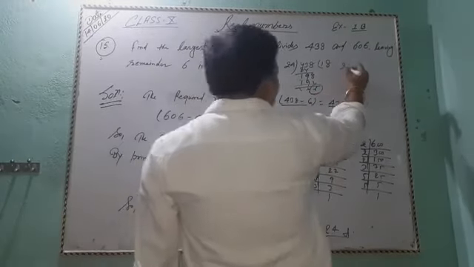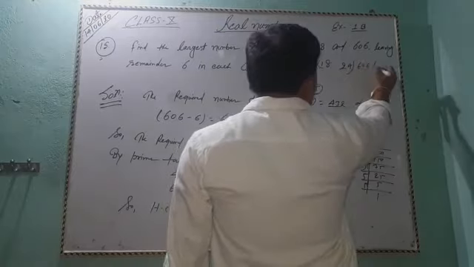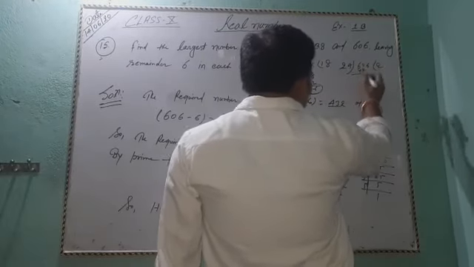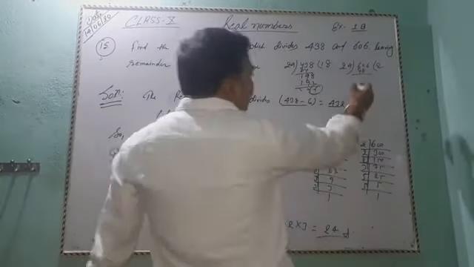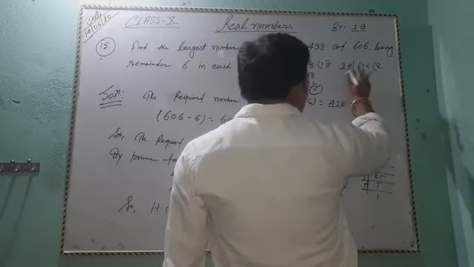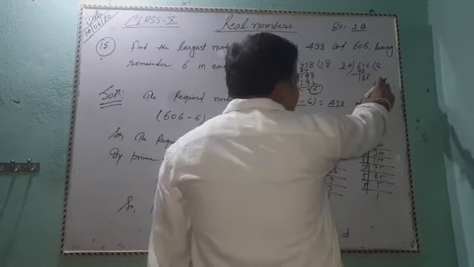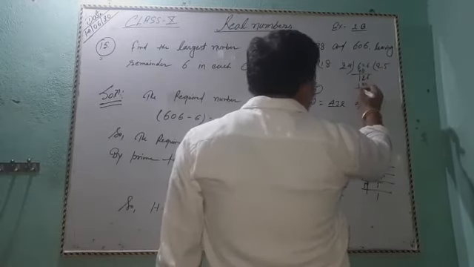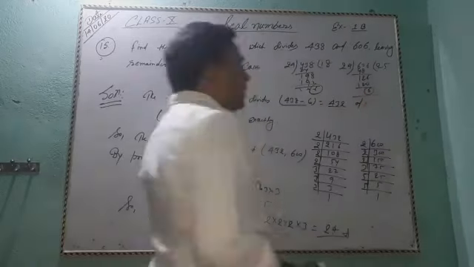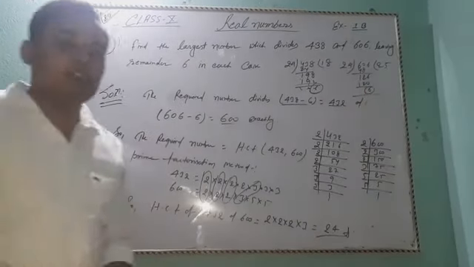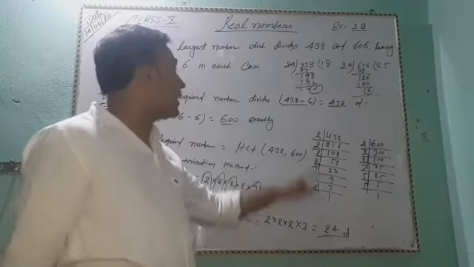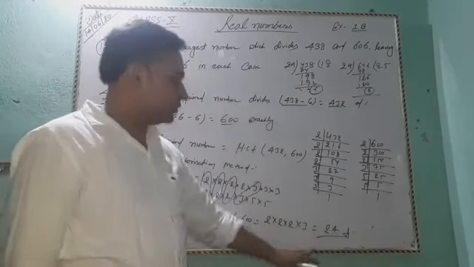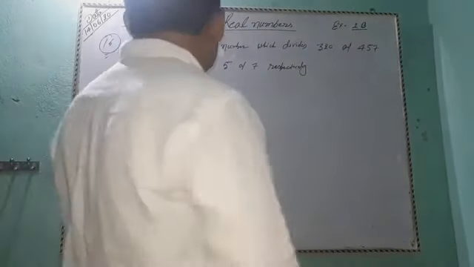And 24 divides 606: 24 times 25 is 600, and in each case the remainder is 6. So the largest number is 24. Students, next question number 16.